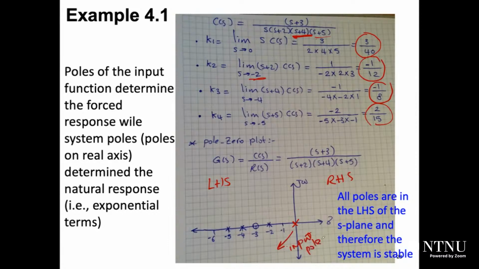It will always be at 0. So the poles of the input function determine the forced response, while the system poles, which are poles on the real axis, determine the natural response or the exponential terms.